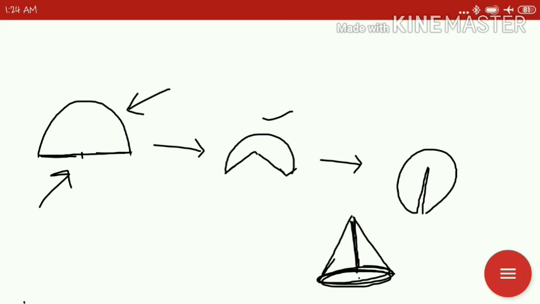That means the circumference. So the perimeter of the circular base is the same as the semi-circumference of the lamina.